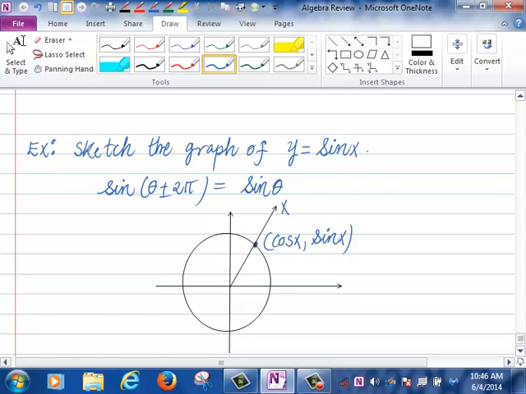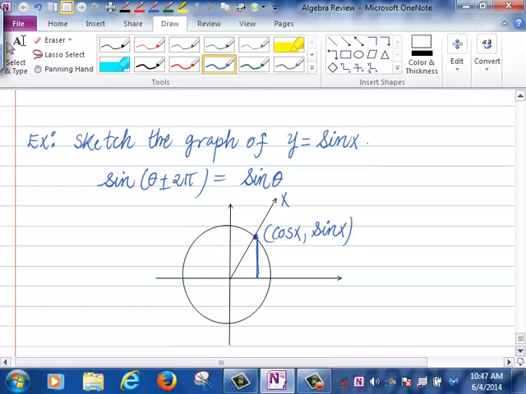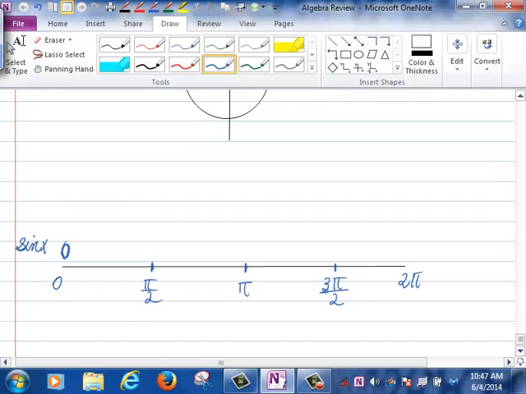As you increase the angle from 0 up to pi over 2, the value of sine is increasing, because the value of sine represents this vertical length. So it increases from 0 to 1.